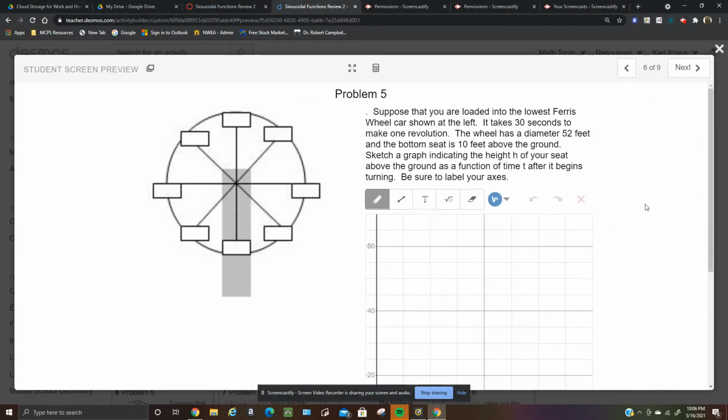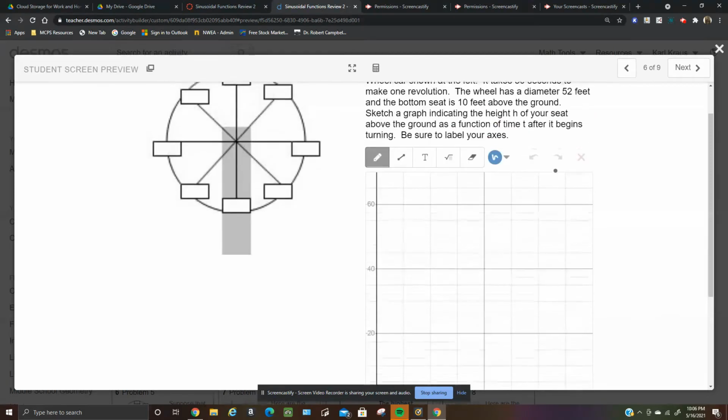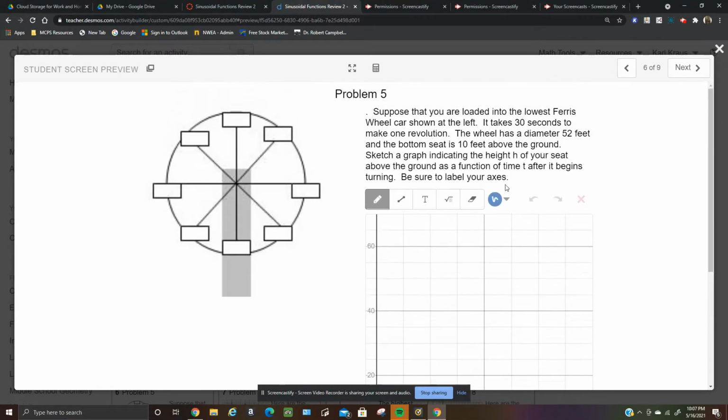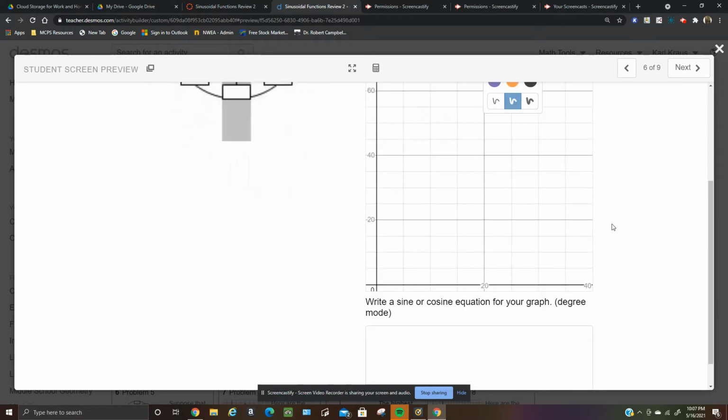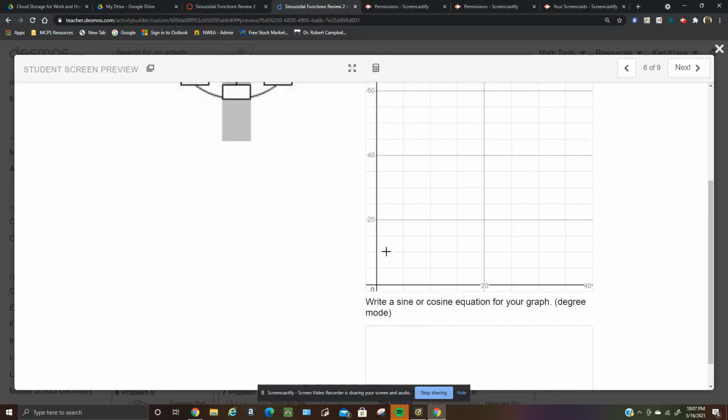Problem 5: suppose you're loading the lowest Ferris wheel cart shown on the left. It takes 30 seconds to make one revolution. The wheel has a diameter of 52 feet. The bottom seat is 10 feet above the ground. Sketch a graph, and then write a sine or cosine curve. So 10. Each of these are 5, so 10 would be right here. There's a line segment tool.